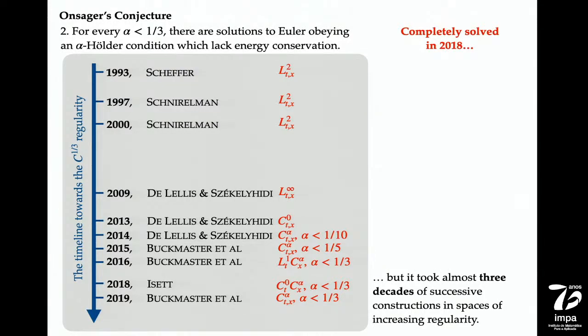We start with very low regularity, which is less constrained, so we have more liberty to deal with the solutions. It starts with L2 in space and time, then we go to L infinity, then to continuous functions, then we achieve Hölder continuous functions, and we go on increasing the exponent until the 1/3 threshold.